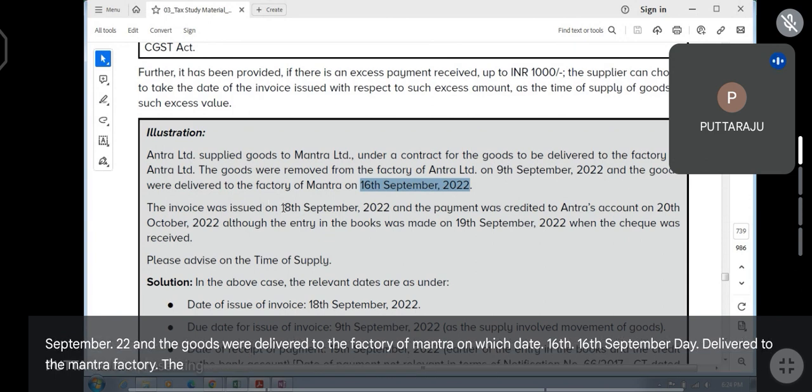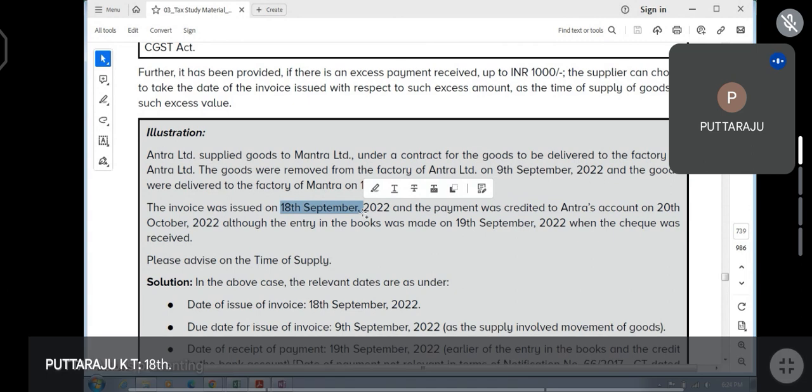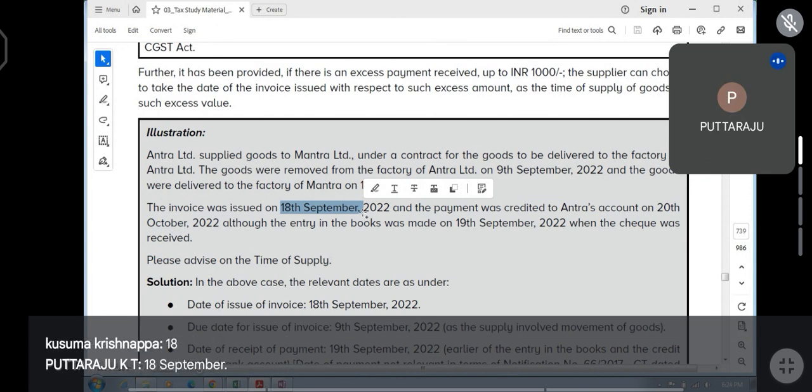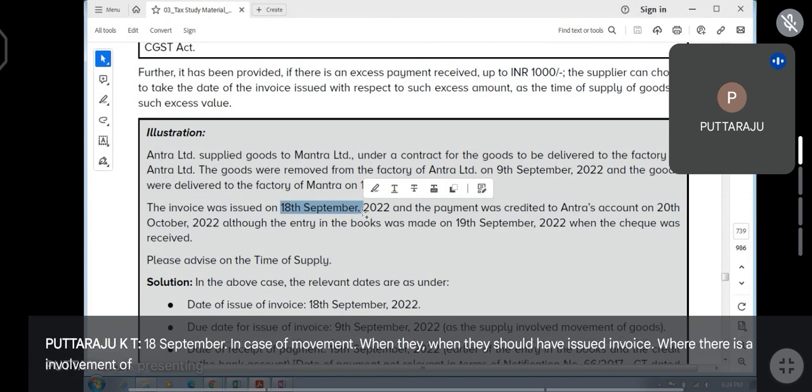The invoice was issued on 18th September. In case of movement of goods, when should they have issued the invoice?